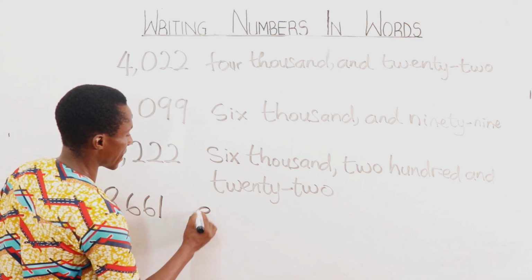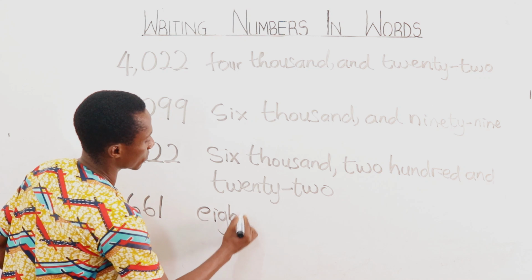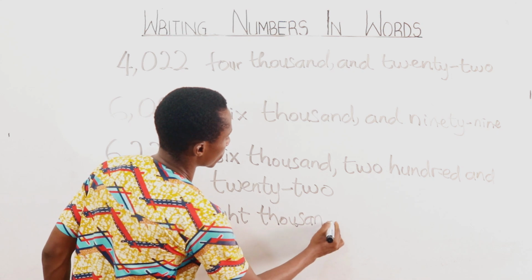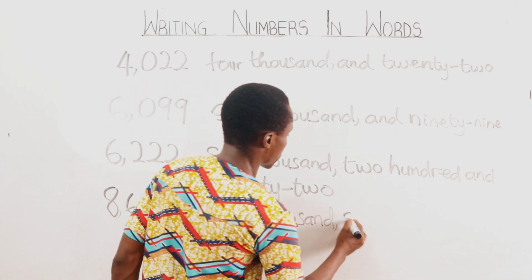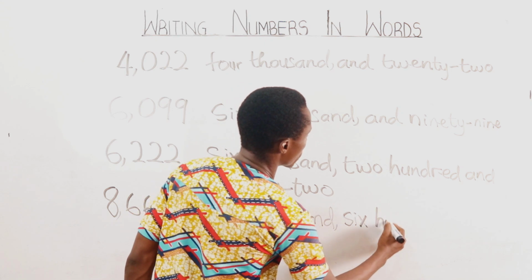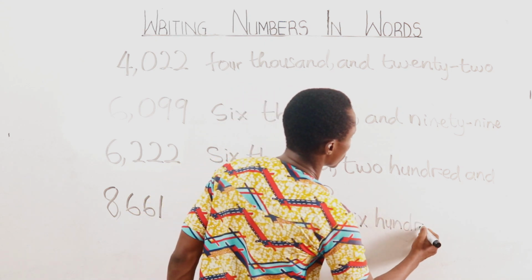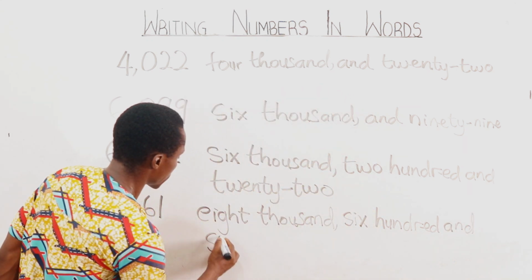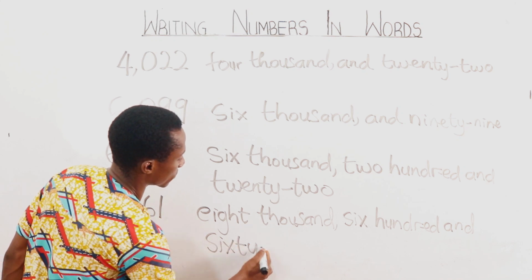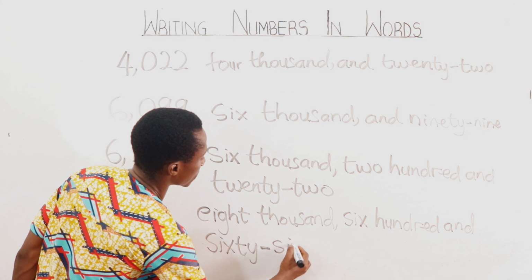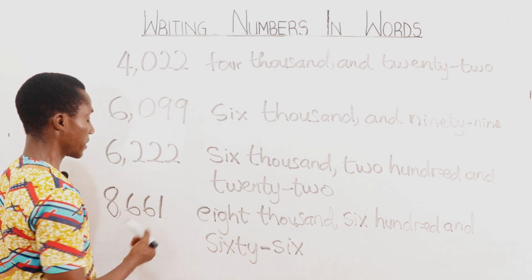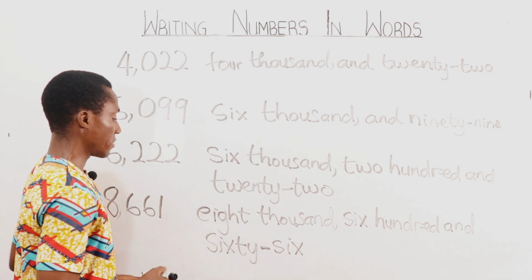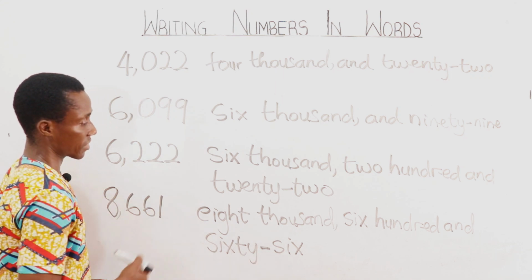That will be 8,000, 600 and 66. 66 is a compound number, and therefore we have our hyphen in between 60 and 6.